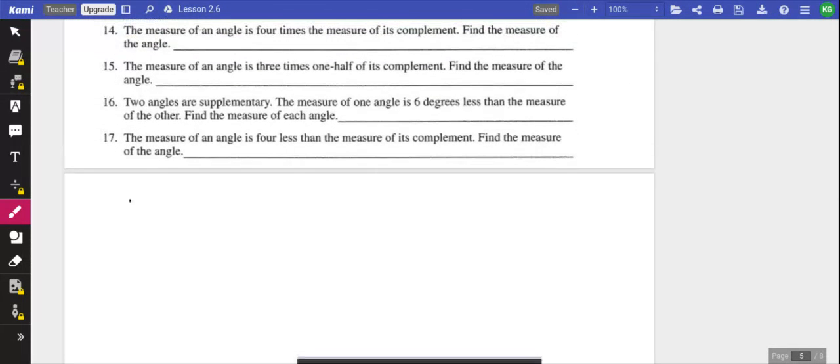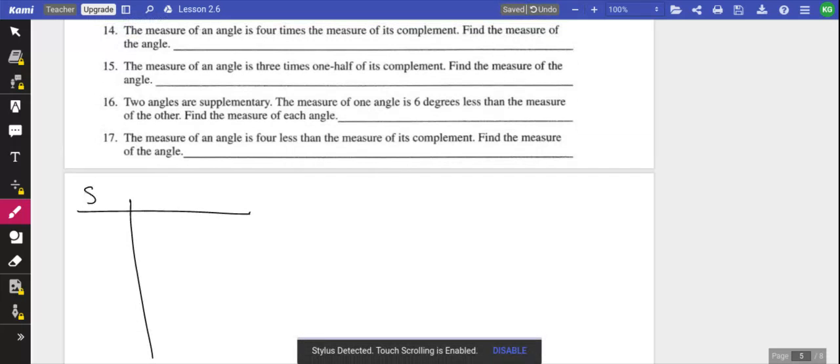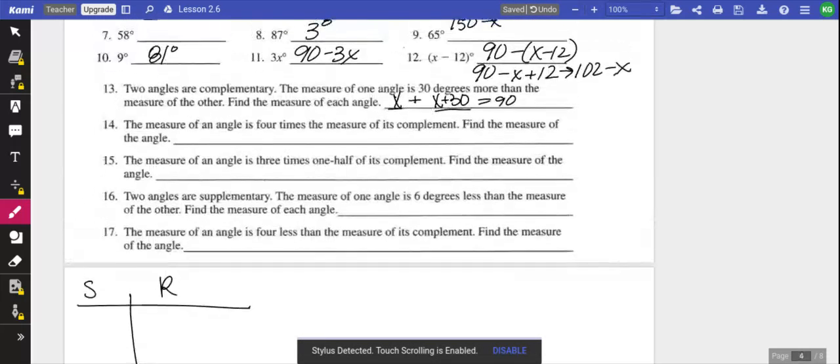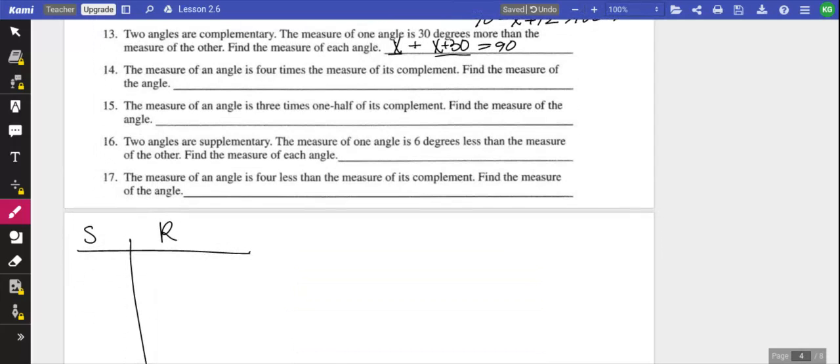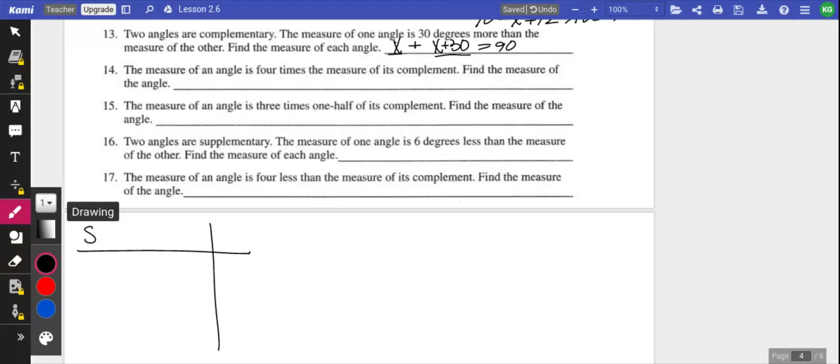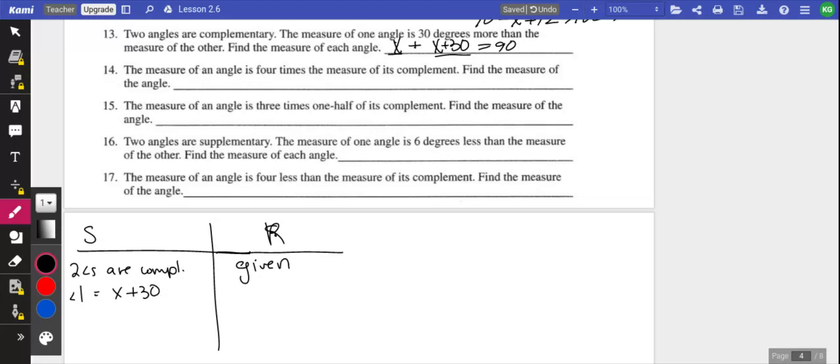Okay, so we are given that two angles are complementary. And we are also given that angle 1 is 30 degrees more than angle 2.